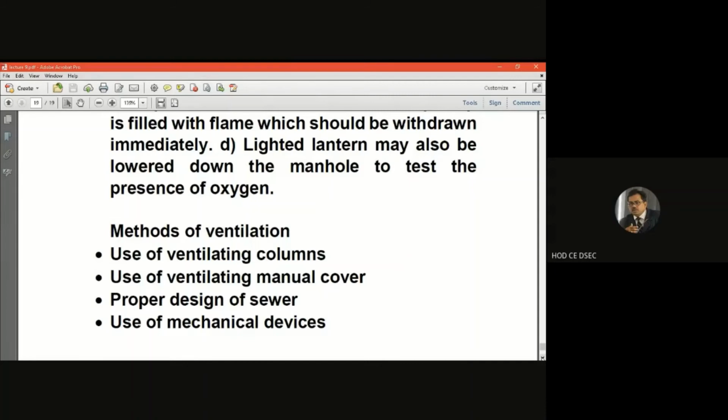In order to achieve proper ventilation, ventilating columns, also called shafts, are generally placed at intervals of 150 to 300 meters along the sewer line. They are also provided at the upper end of every branch sewer, and at changes in the size of the sewers.